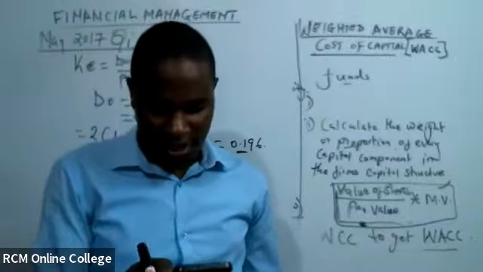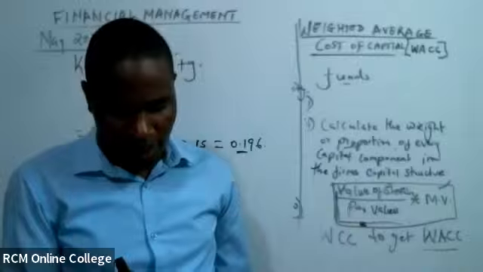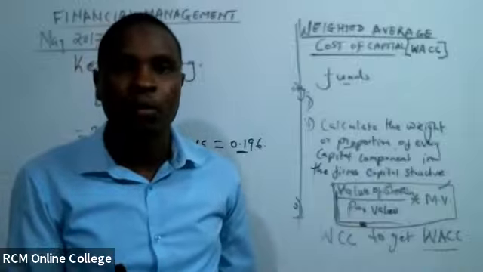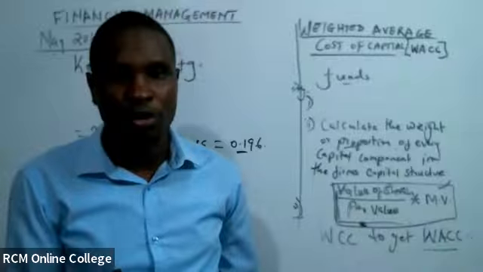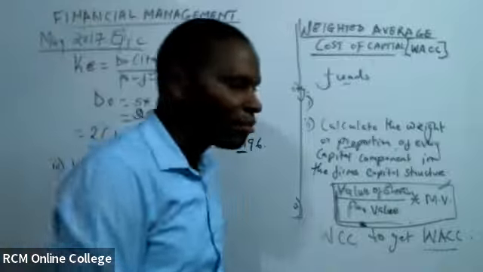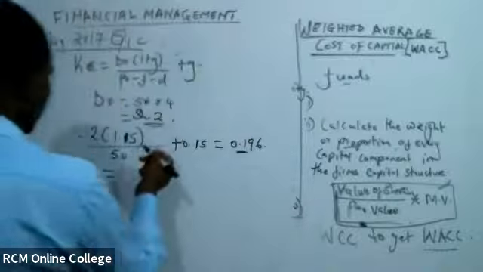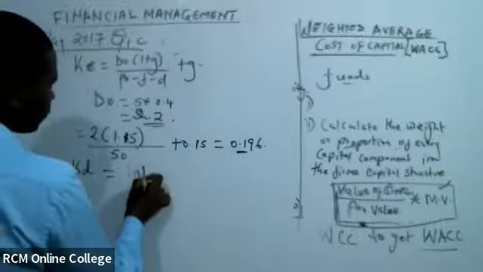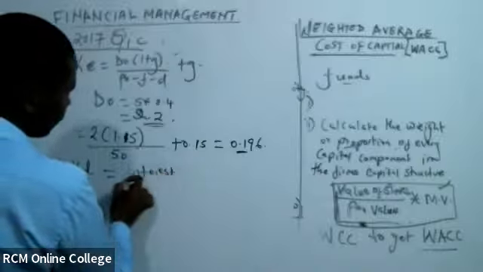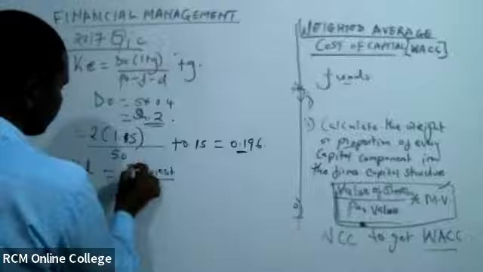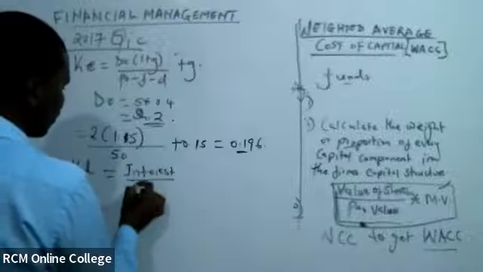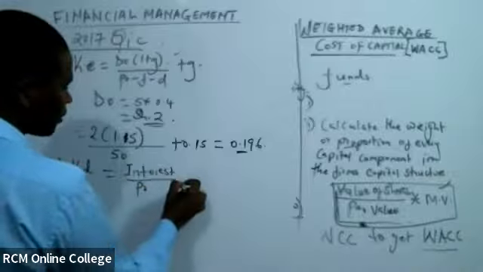In this case, I cannot see the maturity period mentioned anywhere. So if we don't have a maturity period, that is an irredeemable debenture, and we apply the formula interest over P0, which is the market price.